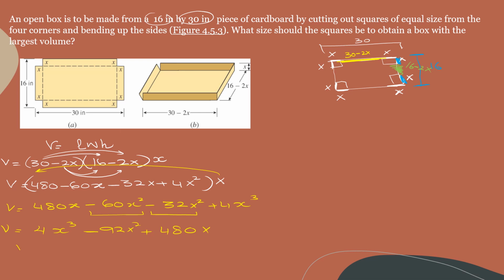Now take the derivative. The derivative of 4x cubed is 4 times 3, that is 12x squared, minus 92 times 2, we will get 184x, plus 480. Set the equation equal to 0.